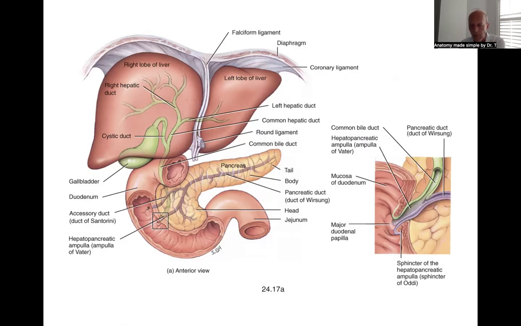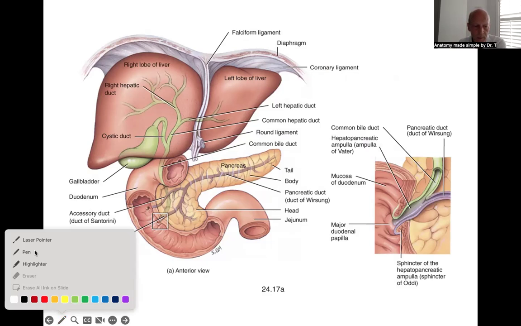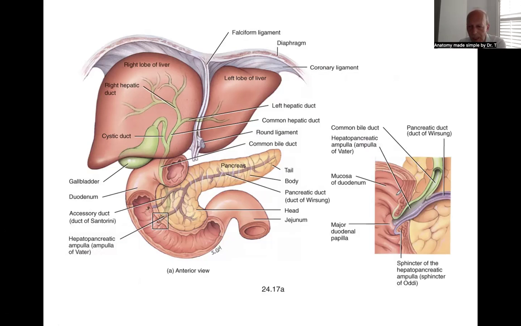I just want to add here that it's not only this single sphincter, the sphincter of Oddi. There's another one which is a little bit less known. I'm going to add a couple of lines here in red ink, and present this to you as an additional sphincter, which runs only around the common bile duct.